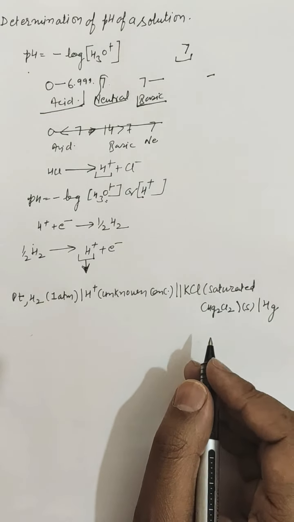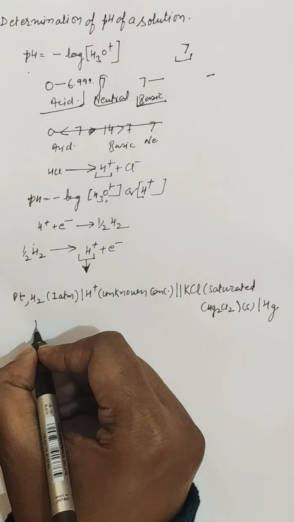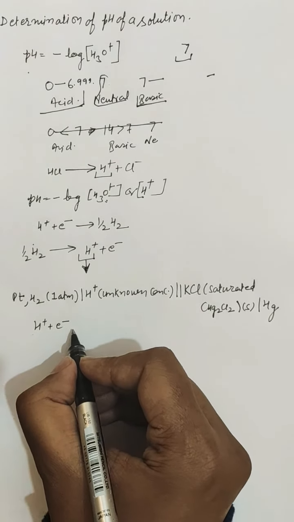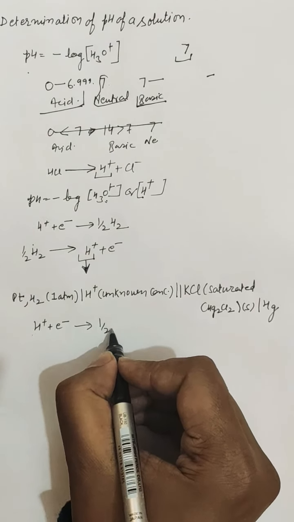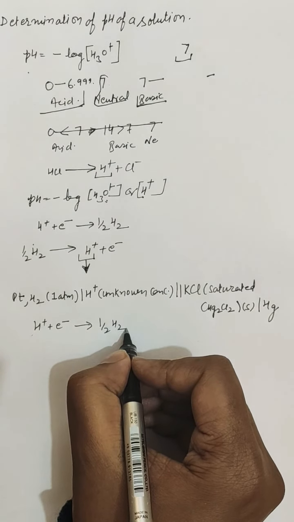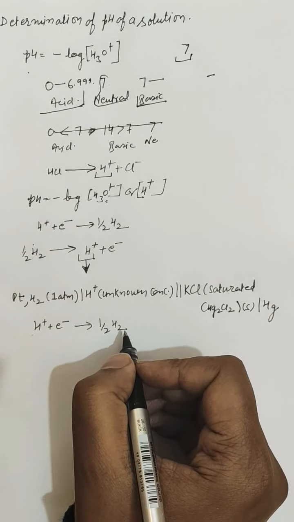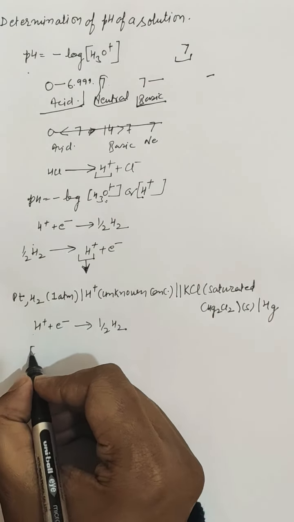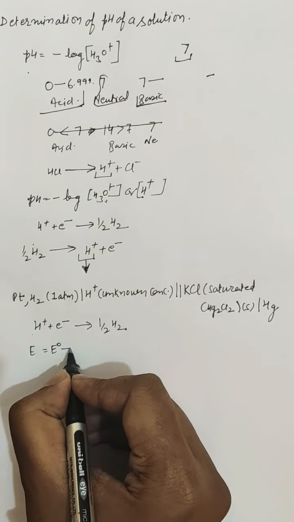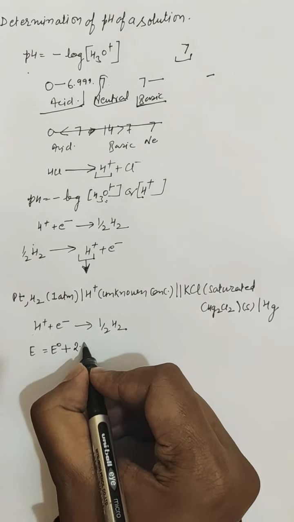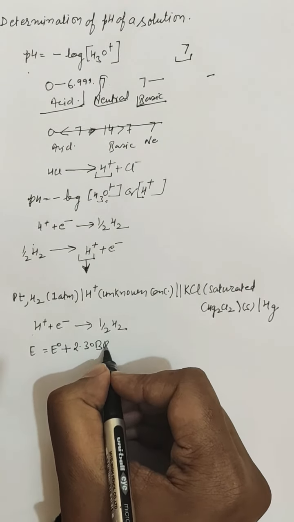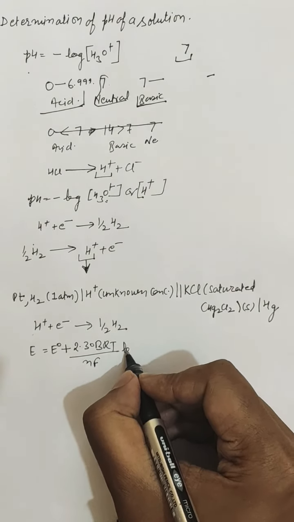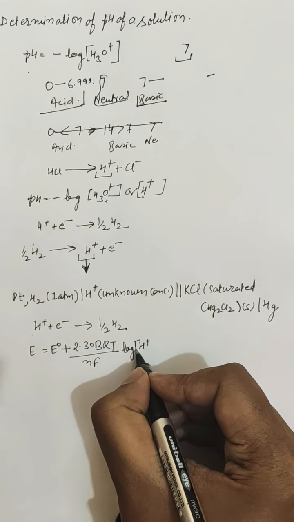The electrode reaction at the hydrogen electrode is H+ plus electron; it will gain an electron and convert itself into hydrogen gas. Further, the electrode potential of this half cell is given by the Nernst equation. And what does the Nernst equation say? E is equal to E naught plus 2.303 RT over nF log of hydrogen ion concentration.